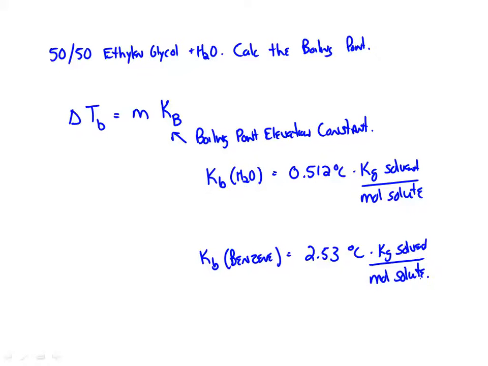So Kf and Kb values are different, meaning how much the boiling point is increased is different from how much the freezing point is decreased. Otherwise, the whole math for the question is still the same. So I can actually skip all those steps where I calculated the molality of my solution and go straight ahead and plug it into the equation and simply say that delta Tb equals m Kb. Well, we've already done this.